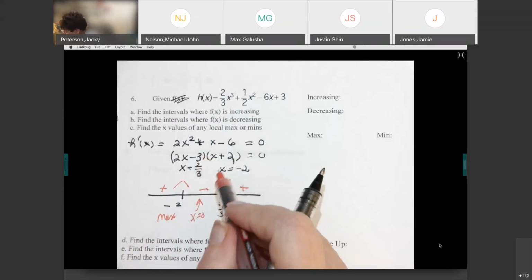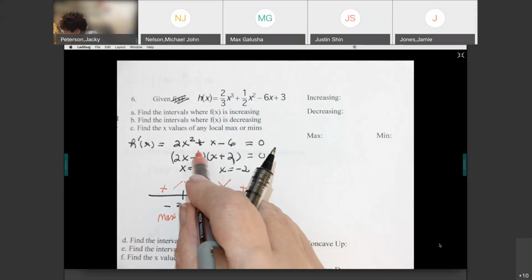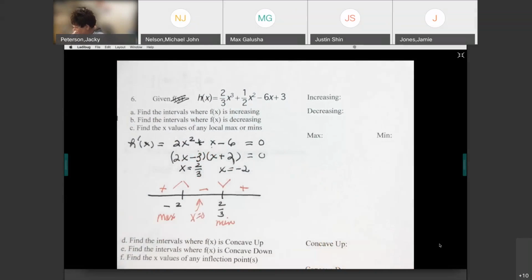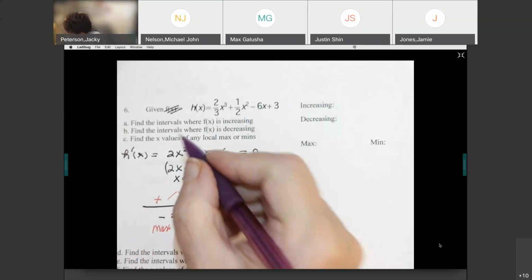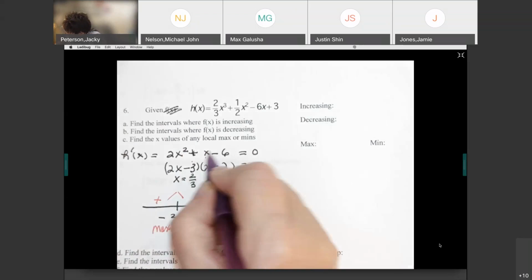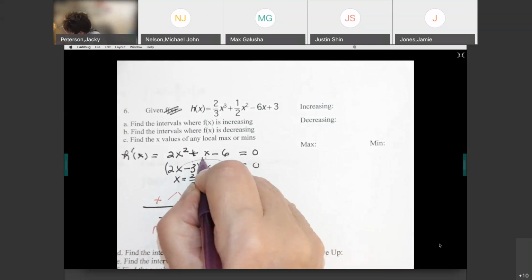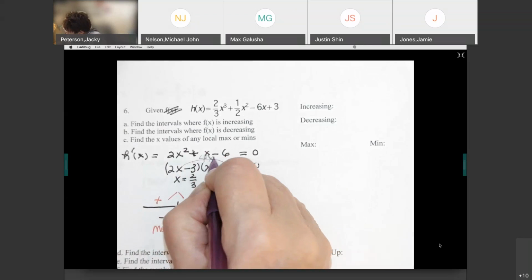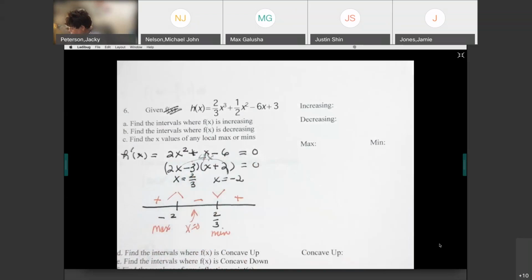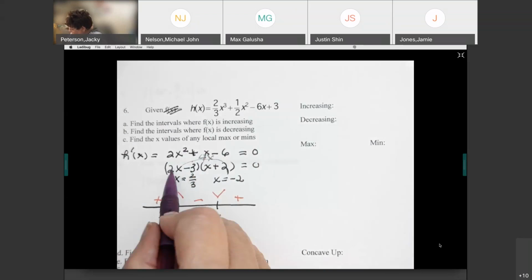Let's see. I've got a plus x. So if I have a plus, the outers are 4x. So that's a plus 4.